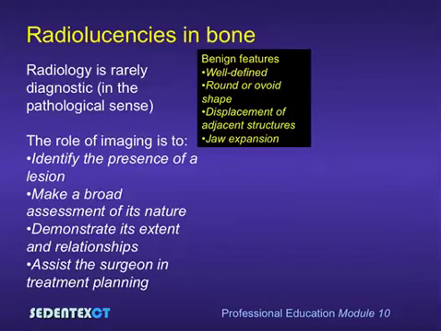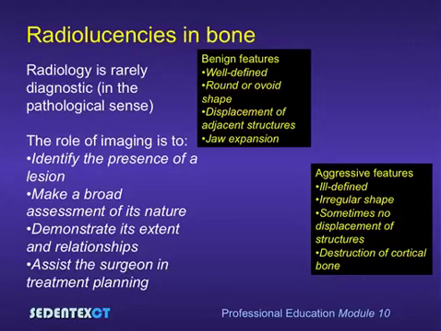So we will talk basically about radiological signs. Benign features of a radiolucency seen on a radiograph or cone beam CT scan are a well-defined margin, a round or ovoid shape, displacement of adjacent structures, including teeth, and jaw expansion.